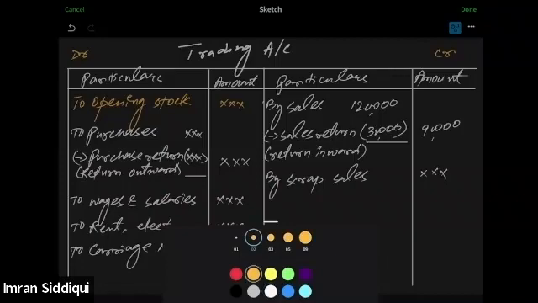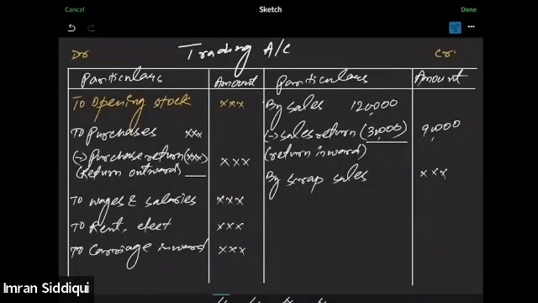So after doing this, we also put the closing stock. After recording all these things, we will be writing the closing stock as well. Obviously, that will be given in the question as closing stock.